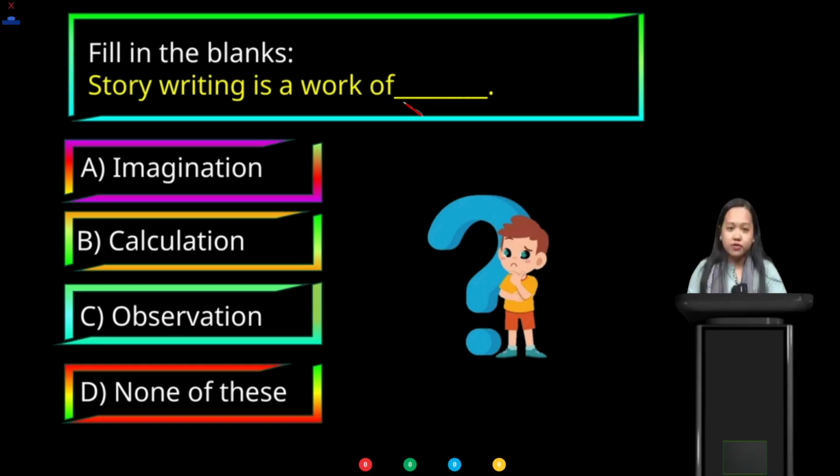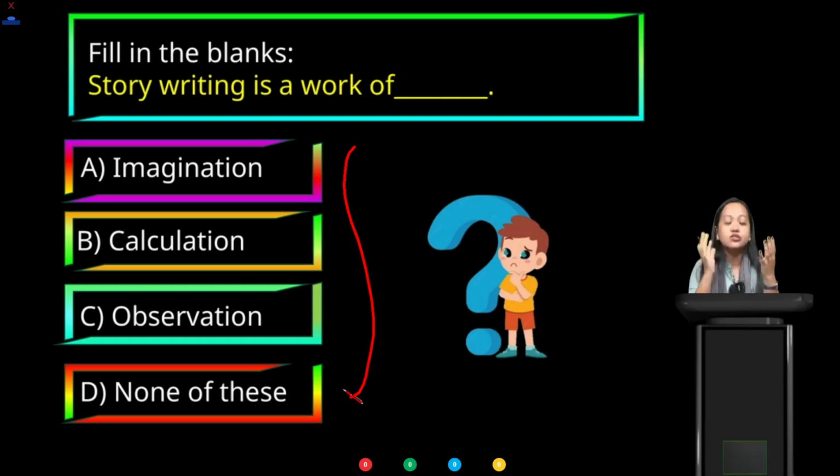Story writing is a work of what? Is it imagination or is it calculation that you do, 1, 2, 3, 1 plus 1, 2? Or observation or none of this. From these 4 options, you have to select one correct answer according to what we have discussed.